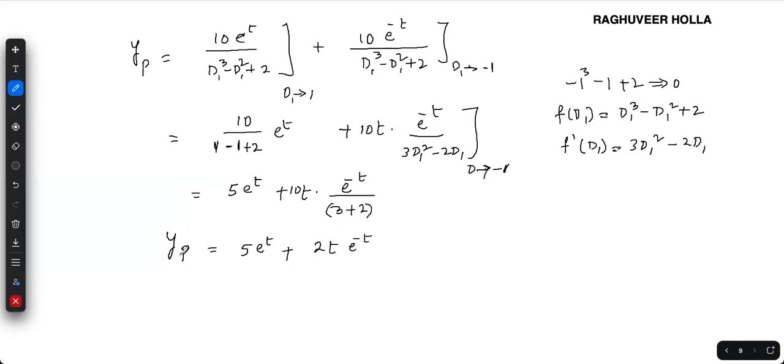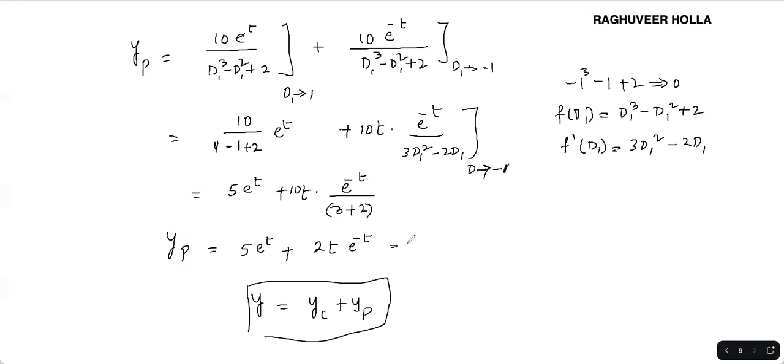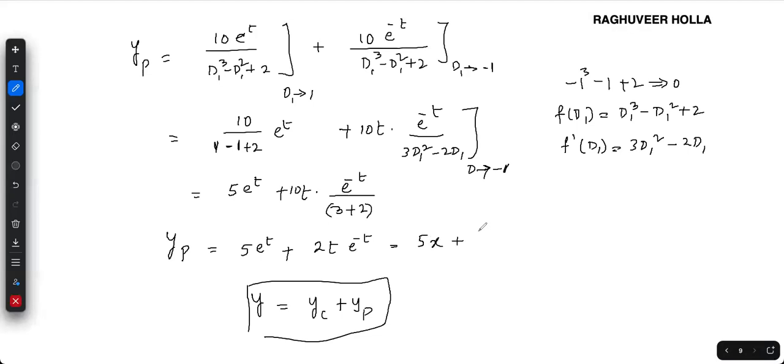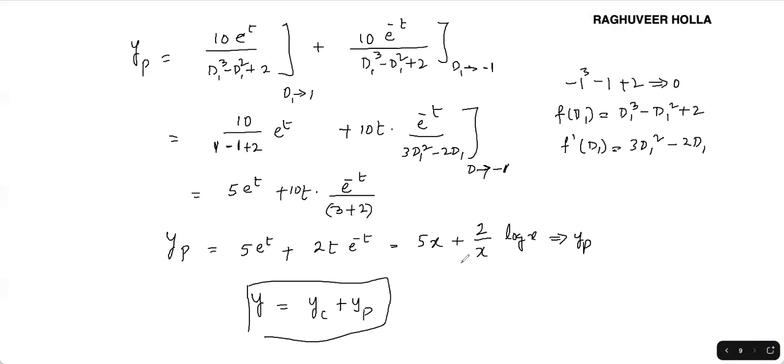Then y is yc plus yp. We can write e to the power of t as x, so this would be 5x, and the second term is 2 log x divided by x. This is the final y: y is equal to yc plus yp.